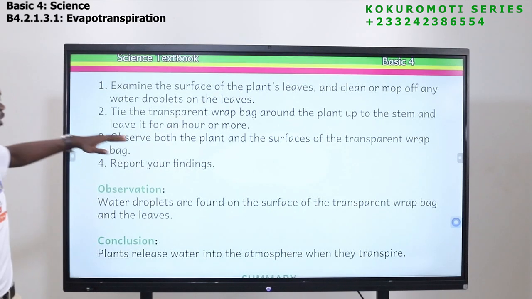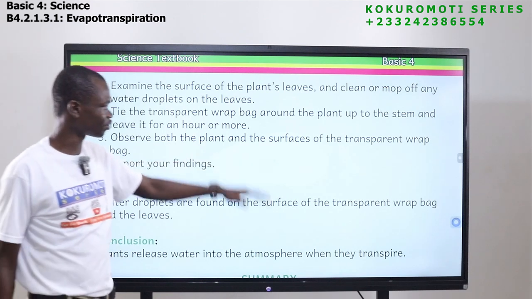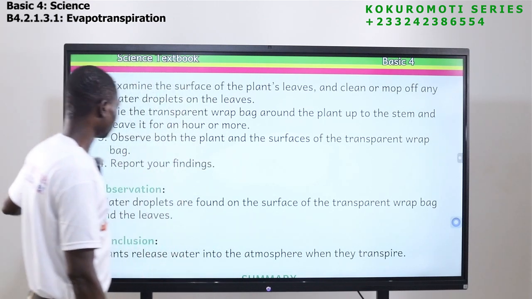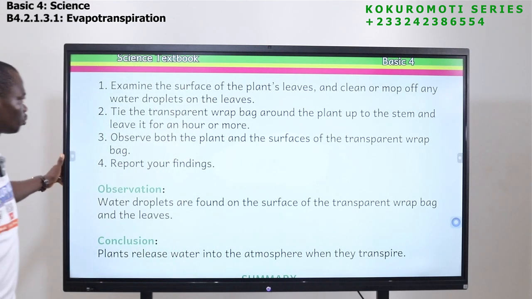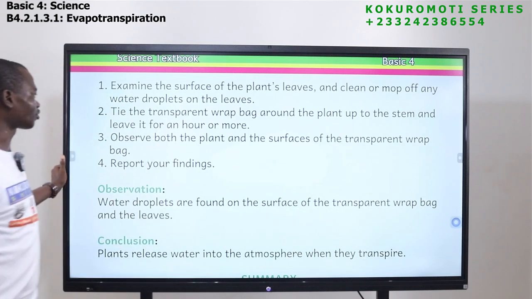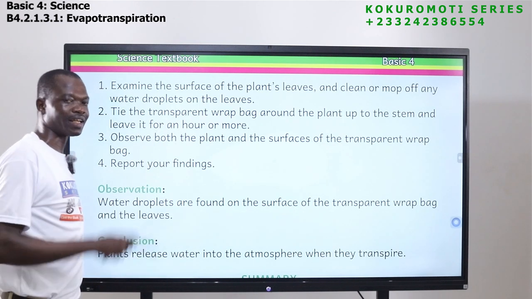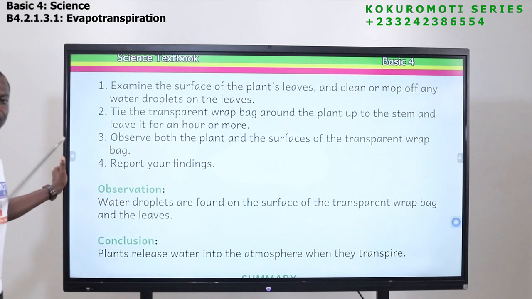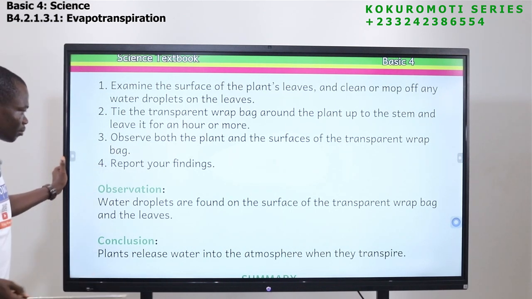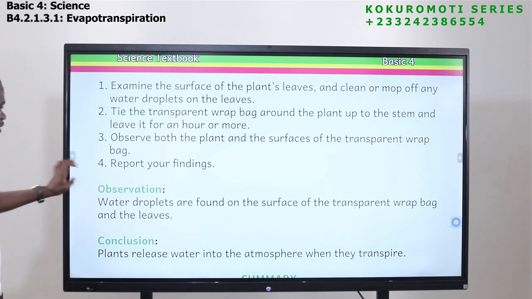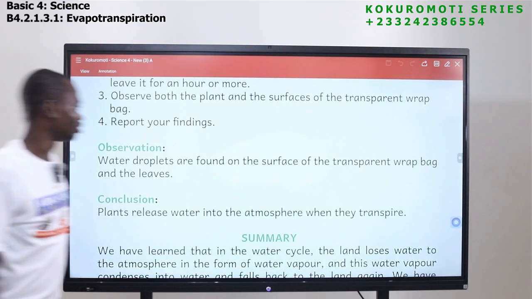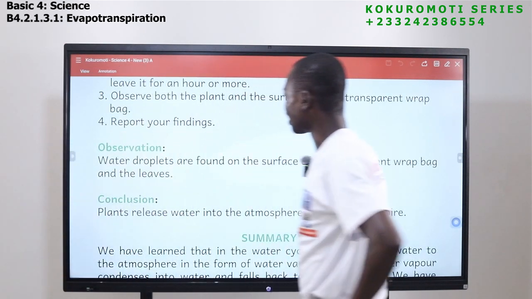The next one, observe both the plant and the surface of the transparent wrap bag. So after one hour, go and check the surface of the leaves and the surface of the transparent wrapper. Check it and see what you have.